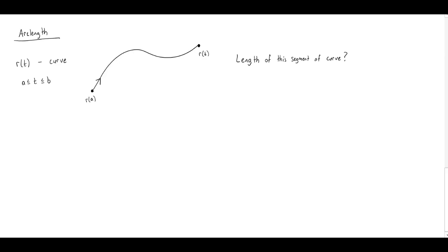So there is a formula for computing the arc length.